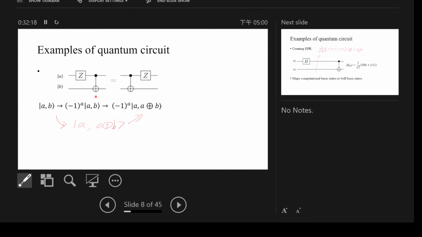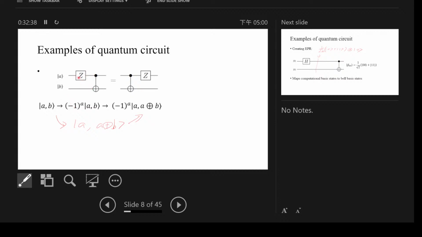So if we go through this circuit, when AB goes through this Z gate, we will get (-1)^A, because that's what the Z gate does. Z gives you a -1 to whatever your qubit is. When A equals 1, you get a -1 phase. A equals 0, you get no phase.